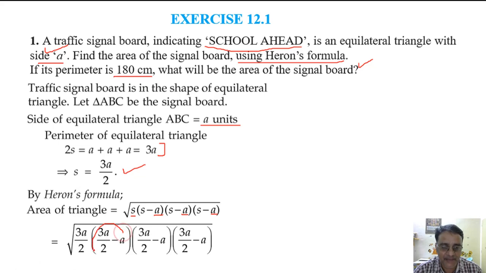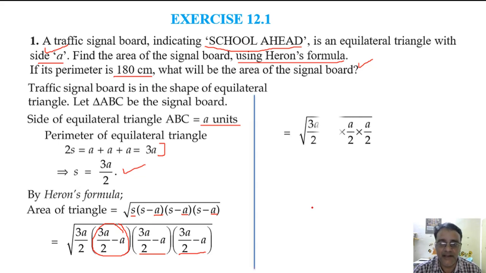So what is 3a by 2 minus a in each term? 3a by 2 minus a, what will you get? a by 2. Right, very good. So how many a by 2s are here? Count them: 3, and 4 with the first.